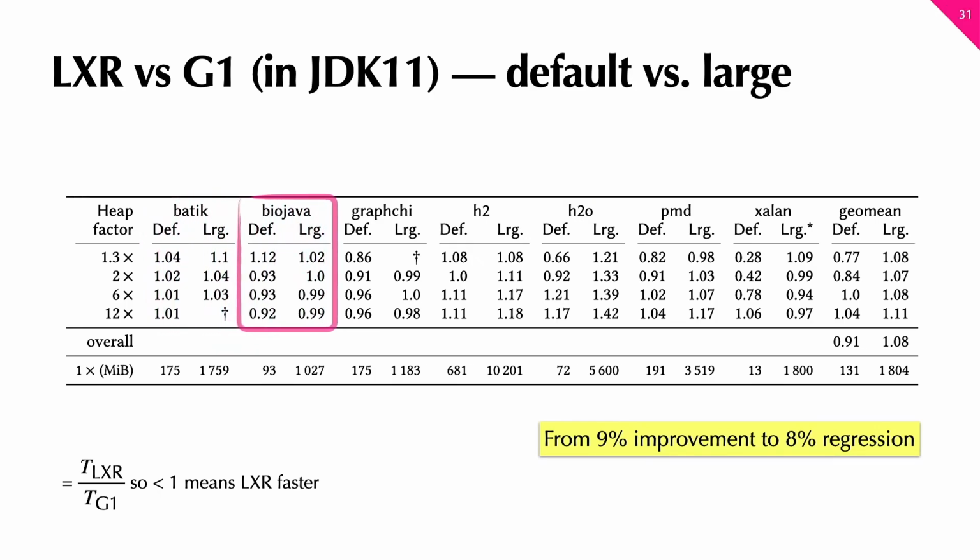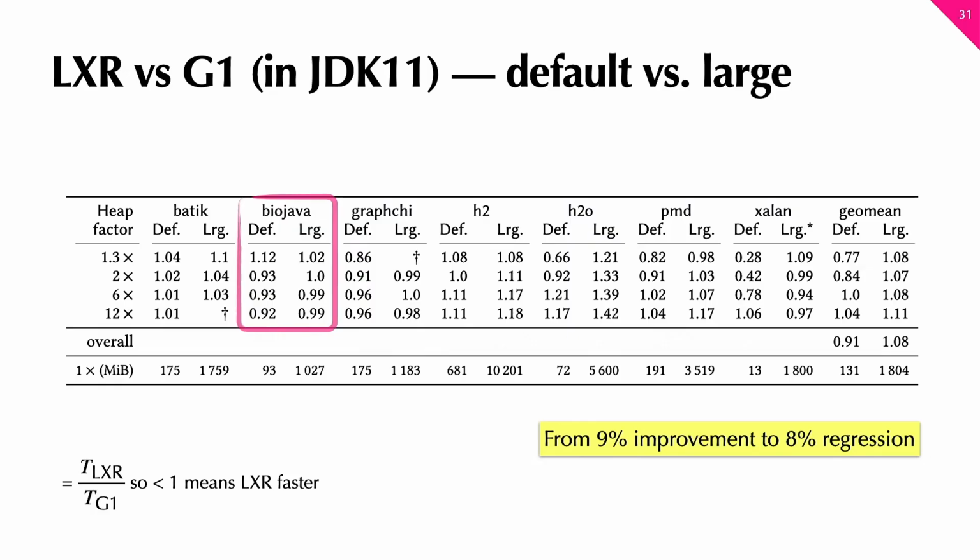If we instead look at BioJava, then LXR was 12% slower in the tightest possible heap, right? But then when we moved to large, all of that was essentially eradicated. It's almost on par, right, in the large workload. And interestingly, in the 2x and 6x and 12x heap factors, LXR was faster than G1 on all of these configurations.